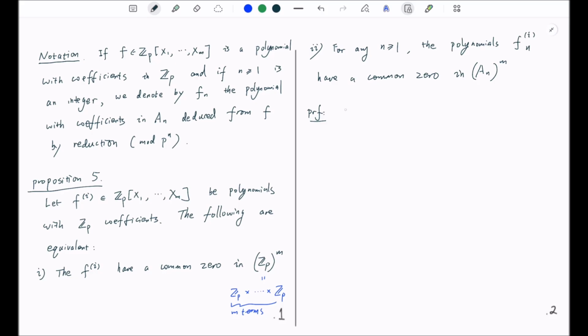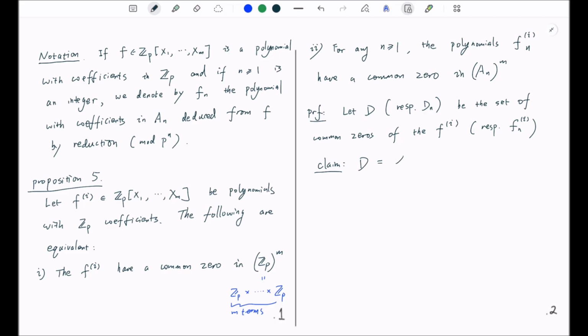Specifically, let D and respectively D sub n be the set of common zeros of the f^i's and respectively f_n^i's. We are going to make the following claim. We claim that this D is precisely the projective limit of D_n's.